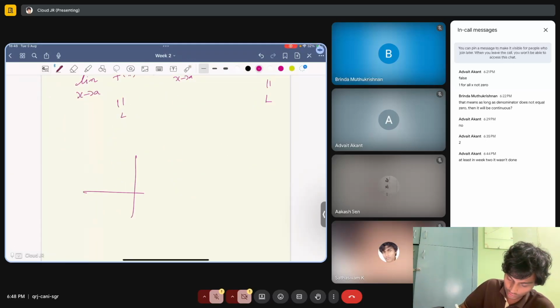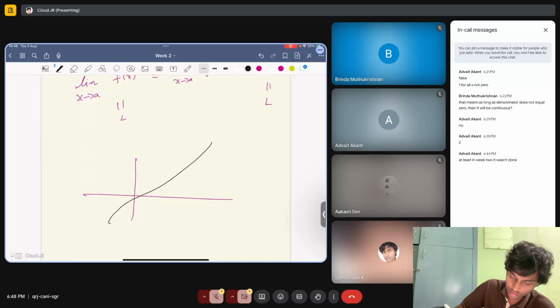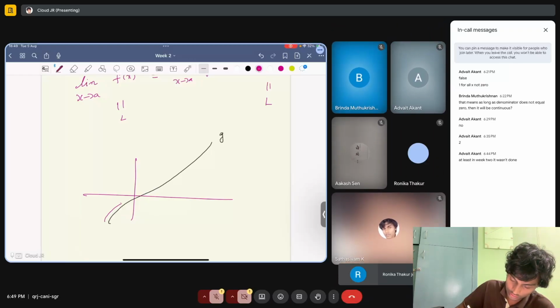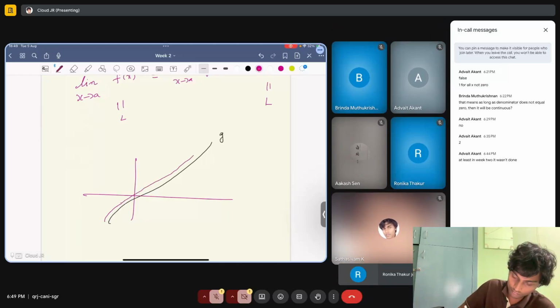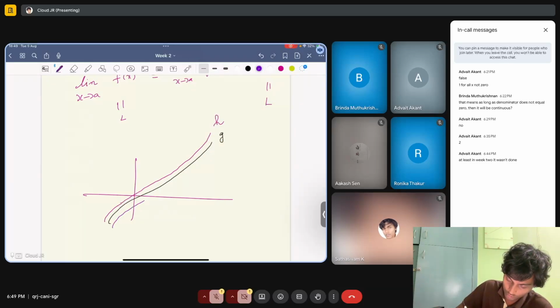So I have a function like this. Let's say, here I have an f. Okay, let me call this g. And let's say I have an h here, and let's say I have f below.